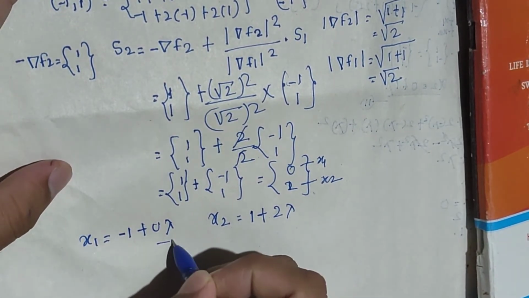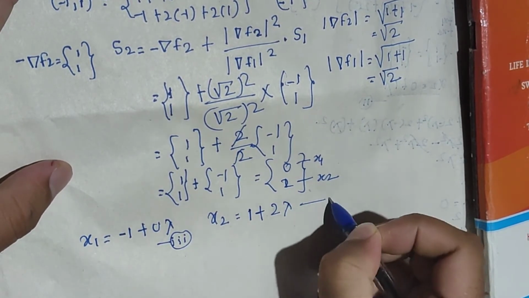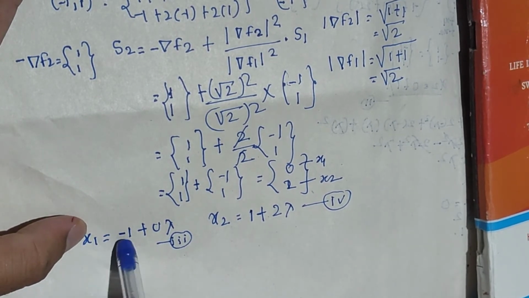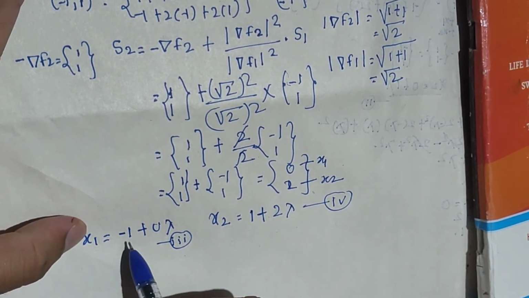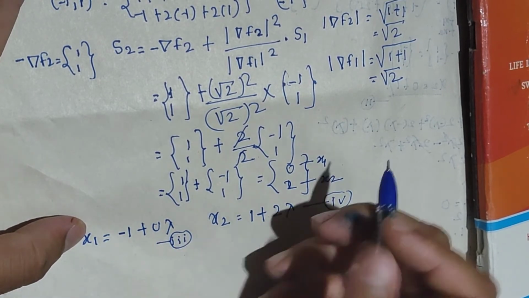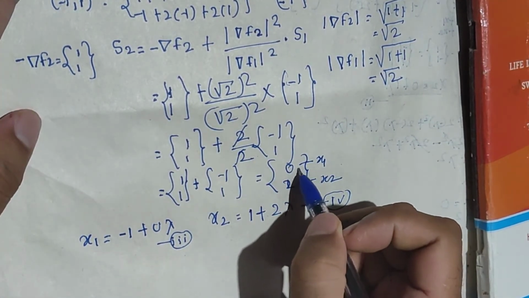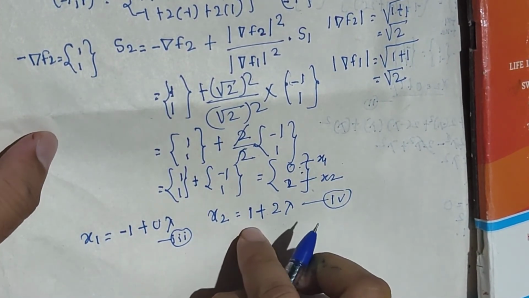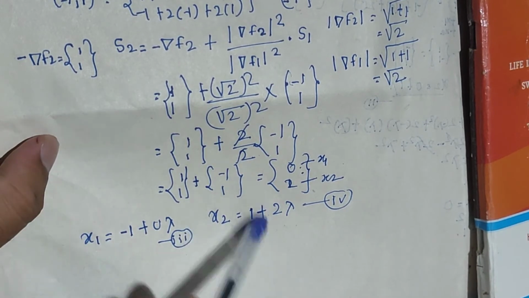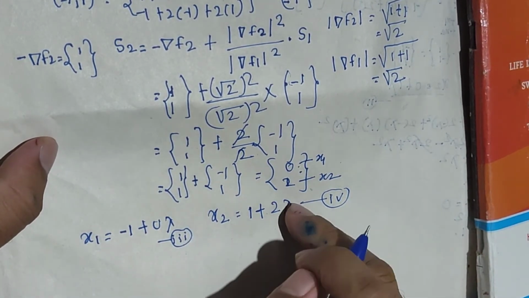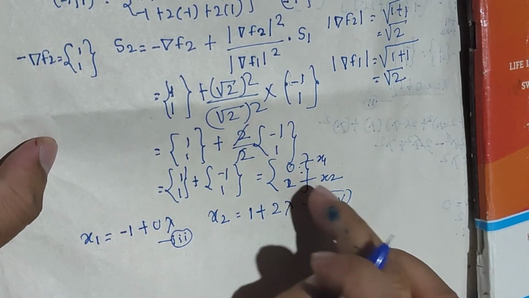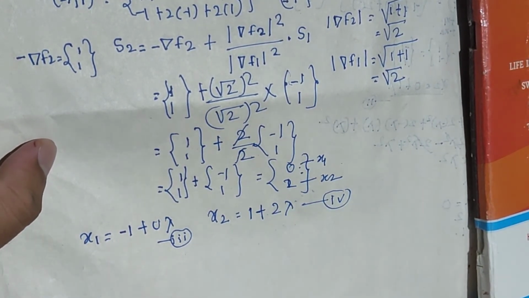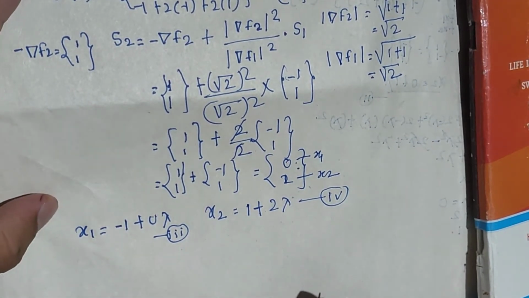This is equation number 3 and this is equation number 4. Here x1 equals minus 1. The minus 1 came from the earlier x1 value, plus now s2 equals 0 and 2, so we have to add 0 lambda. And x2 equals 1, which comes from the earlier iteration, and the s2 value for x2 comes from this iteration 2, so we are going to add 2 lambda to x2. Hope you got it.